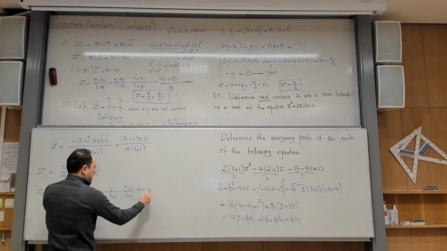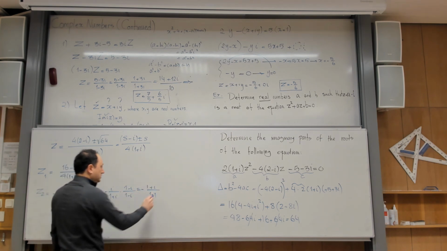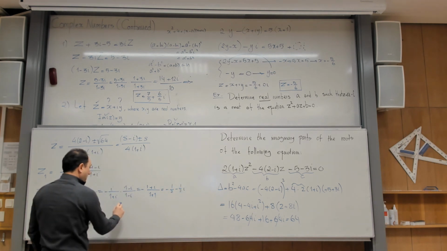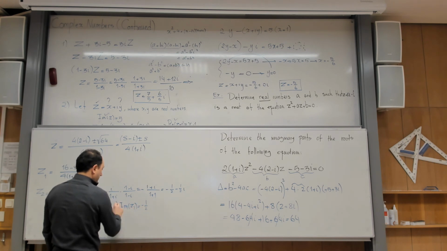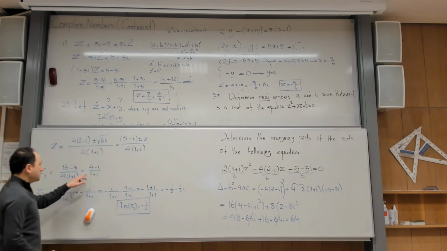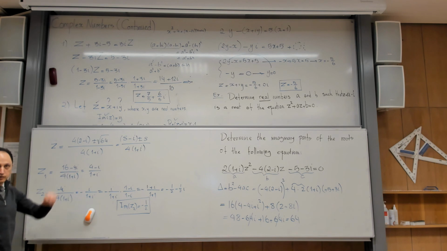Minus, so I multiply i in, it becomes i minus i squared, which is 1, and then I have plus i, and then this one becomes 1 plus 1. I have also a minus sign. It's minus 1 over 2, minus 1 over 2 i. So the imaginary part of z1 is minus a half. Oh, sorry, this is not z1, this is z2. You can do something similar here by multiplying by the conjugate of that, and then you will find the root.